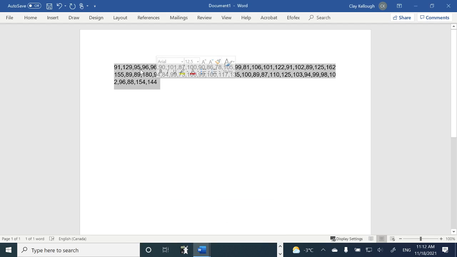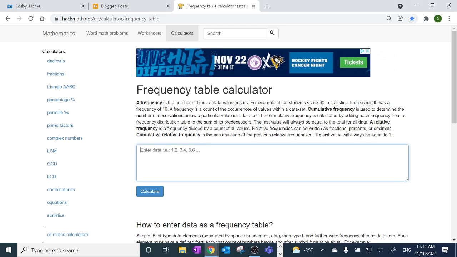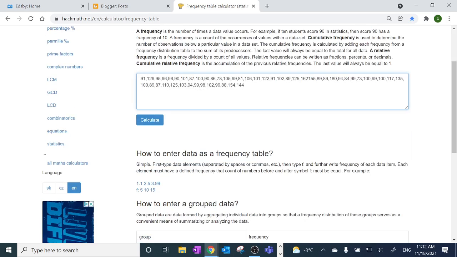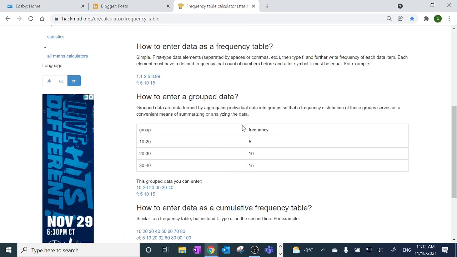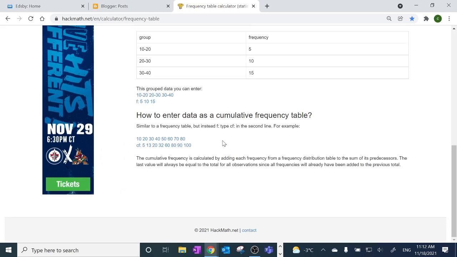Okay, so I'm going to go Control C, and then go back to that app, and where are you, app? There you are, and put it in there. So Control V. There we go. And okay, how do I enter it as a frequency table? How do I enter group data? So there we go. Frequency. So there we go.